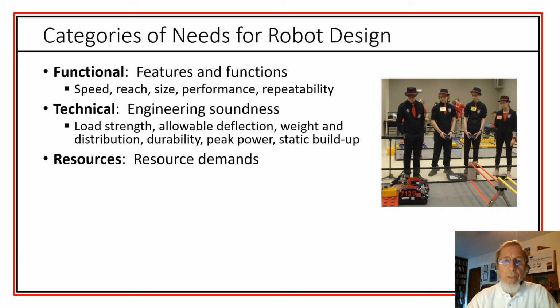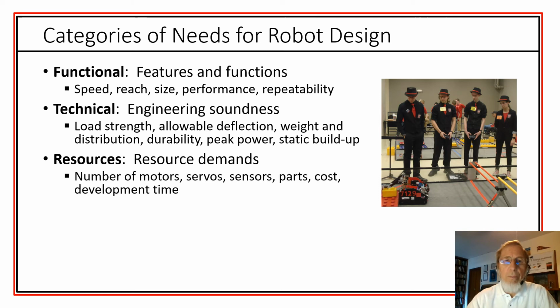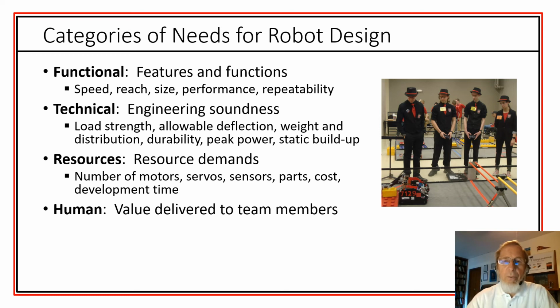Thirdly, there are needs associated with the resources that we use in developing this robot. The number of motors, servos, sensors, these kinds of resources could raise additional needs that we need to keep in mind. And fourthly, there are human needs. Value is delivered to the people who use the robot, who observe the robot, who value the robot.